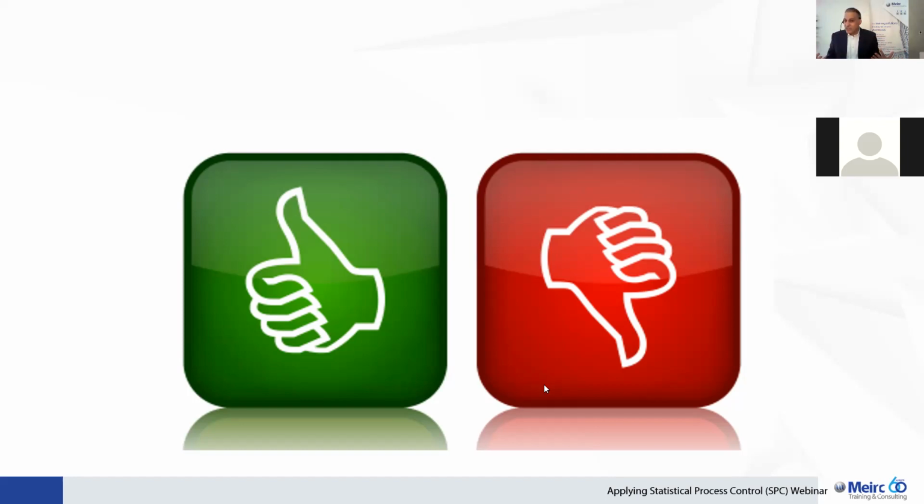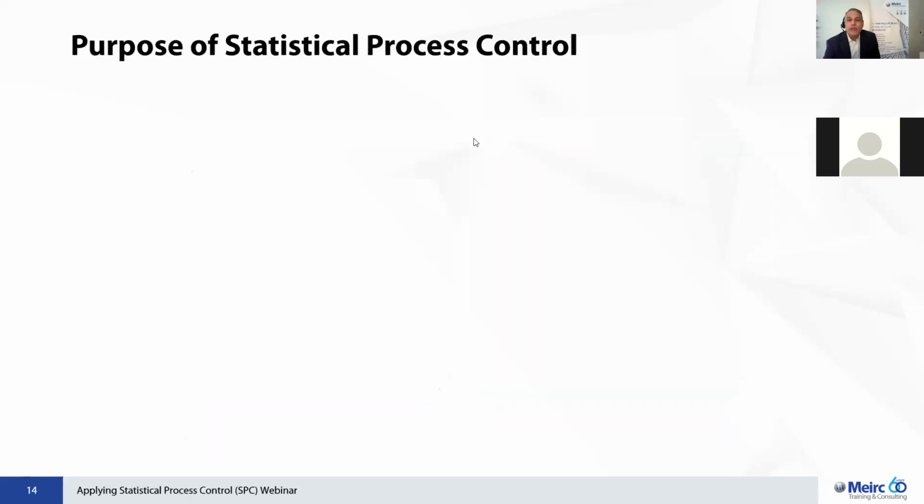But we need data. We cannot have a control chart without data. So thank you very much. So the answer is all of the above. And let's move to the next thing.